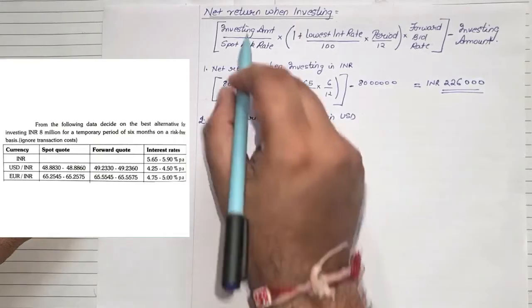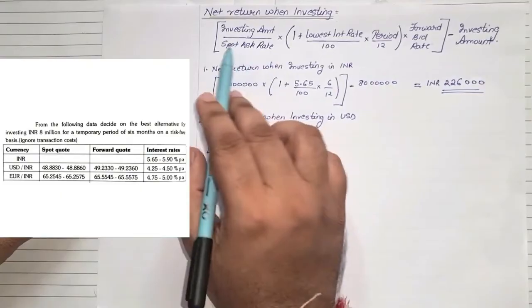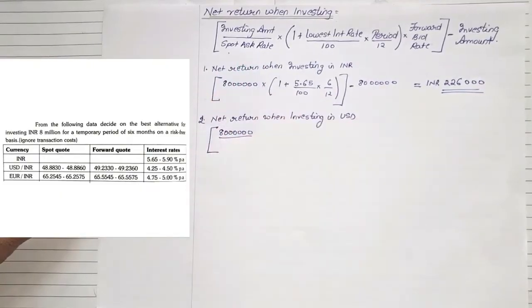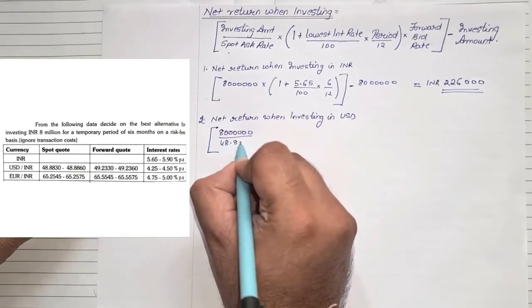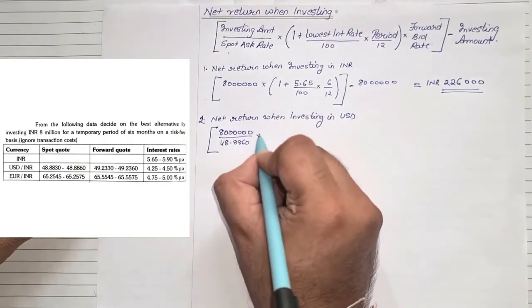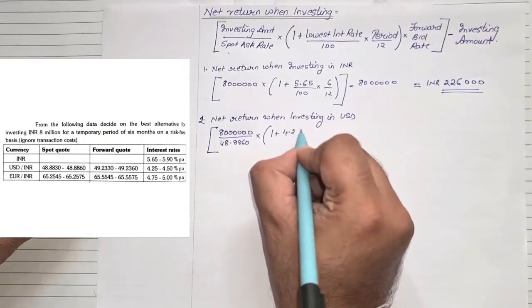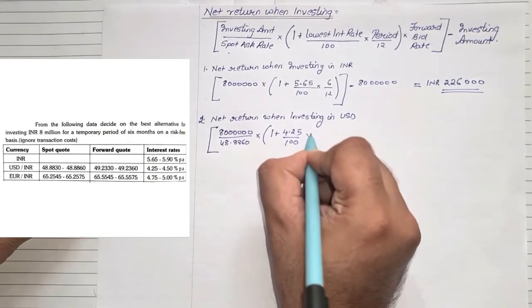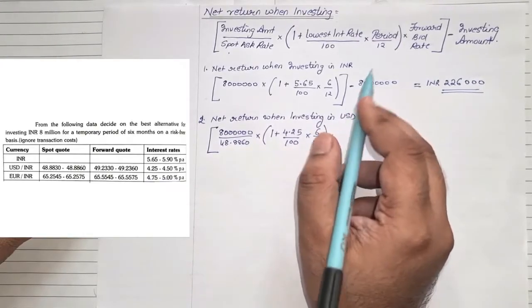Again the formula: investing amount, that is 80 lakhs, upon spot ask rate. If you look carefully, your spot ask rate in the question is 48.8860, so I will use that, into 1 plus the lowest interest rate, that is 4.25 upon 100, into 6 divided by 12, because that's the period, into the forward bid rate.